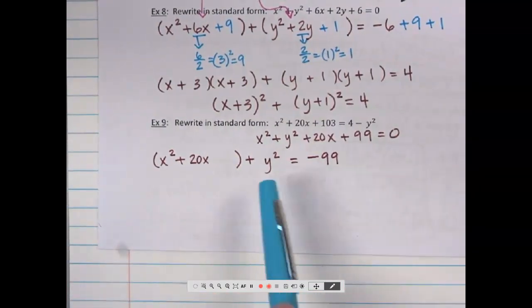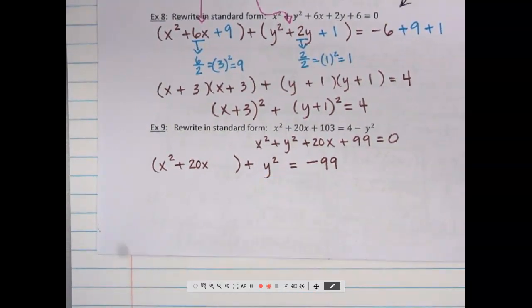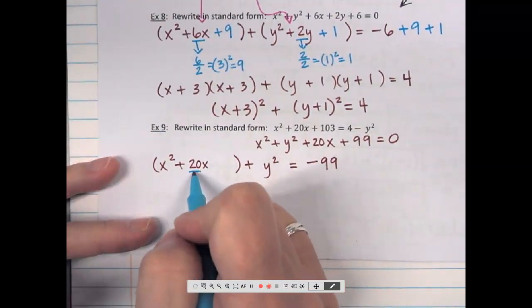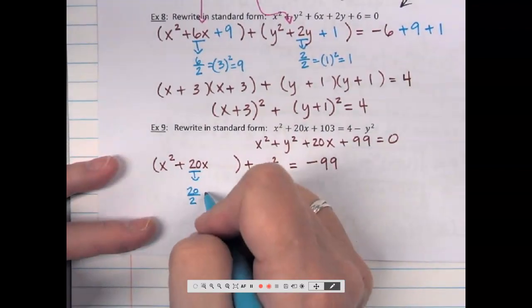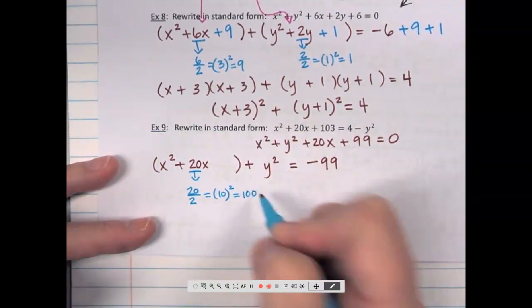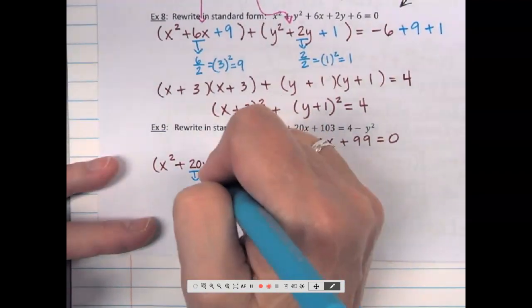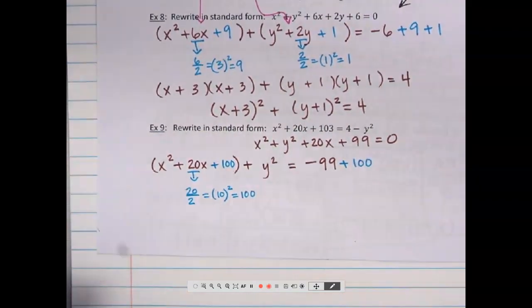Okay, so I don't have to take half and square on the y's because I don't have a y term. But over here, I'm going to take that 20, divide it by 2, which is 10, square it, that gives me 100. So I'm going to add 100 here and also to the right to keep it equal.